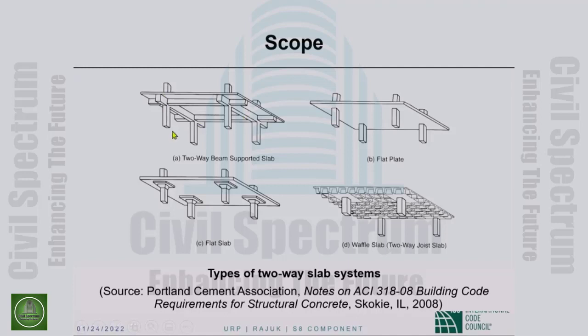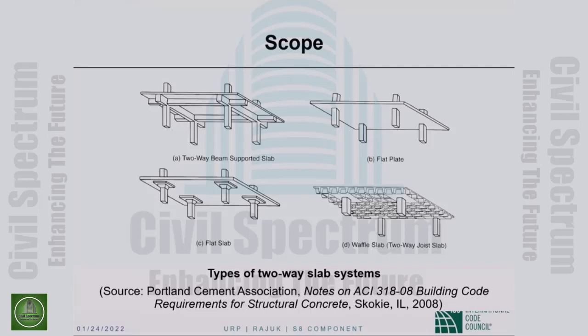So this beam-supported slab can be a one-way slab when the long dimension to short dimension ratio of the slab panel is 2 or more. And as the ratio approaches 1, then bending in both directions are equally important, and so below 2 we consider it to be a two-way slab. In other words, the loading on the slab is resisted by bending of the slab in both directions.